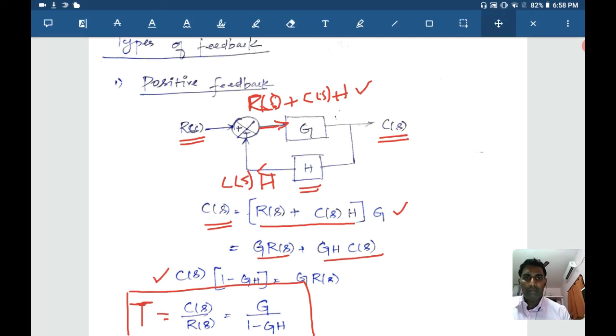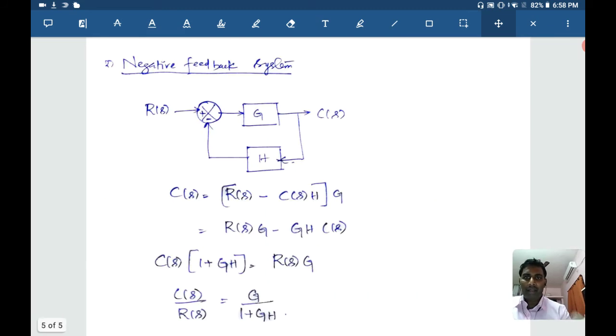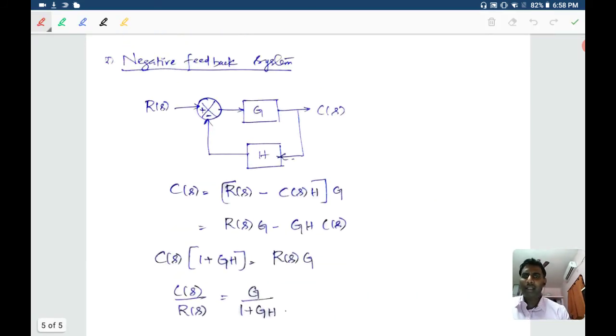Similarly, we can understand the transfer function of a negative feedback system. The negative feedback system has a similar structure, but the one difference is that one input has a positive sign and the feedback has a negative sign. Similar to the previous case, the feedback is given by c of s multiplied by H, and that is given as input, so this will be r of s minus c of s into H. That is given to the system and we get the output c of s.